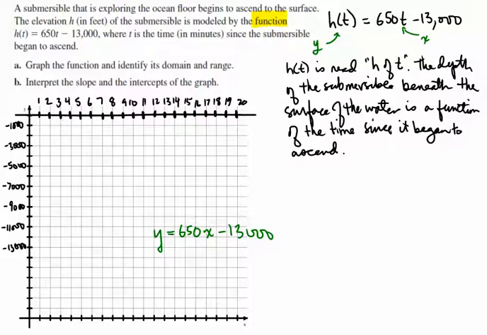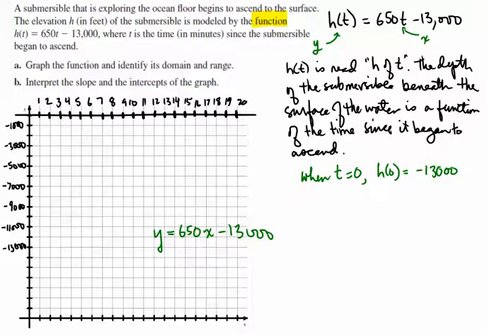Now, another difficulty that we have in this graph is that we have to set up and label our axes, and it's very difficult to do that. One thing we can do is look at the y-intercept. We know that when t is equal to 0, 650 times t will be 0, and we'll get a height of negative 13,000.